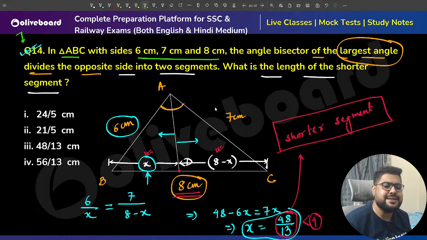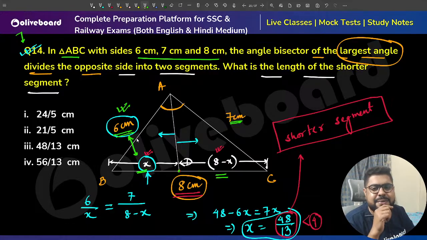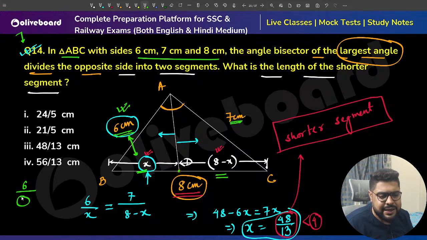Please understand, if this is D, then this thing by this thing is equal to this thing by this thing. Now, if this is smaller, the ratio is the same, so this must be shorter. Say 6 divided by something is equal to 12 divided by something.